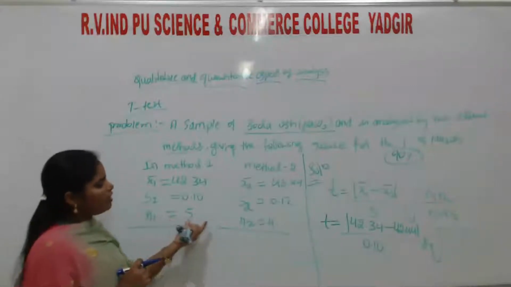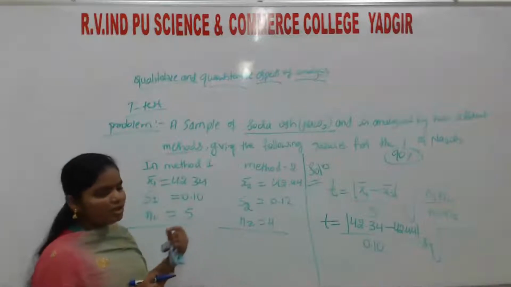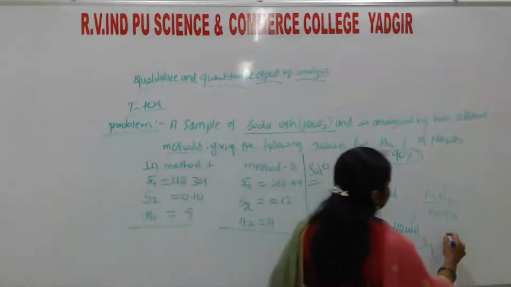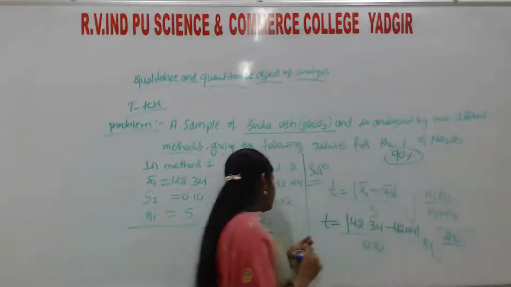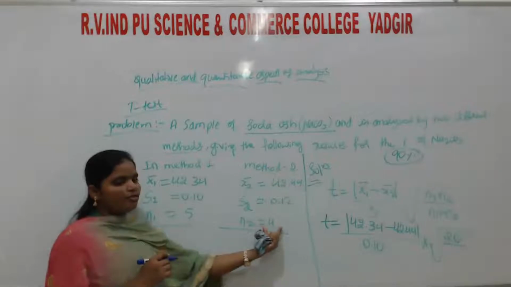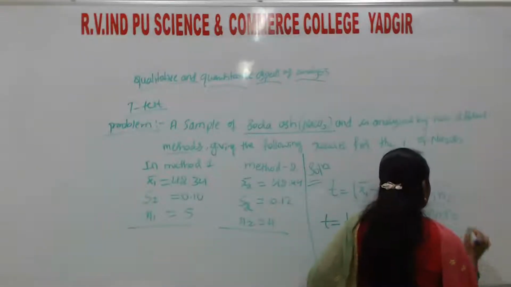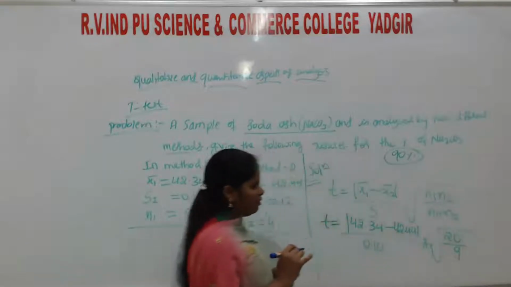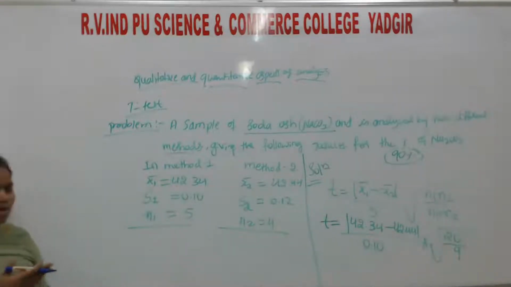N1 is 5, n2 is 4, 5 into 4 is, sorry, 20, divided by n1 plus n2, 5 plus 4, 9. Finally, it gets the value 1.41.